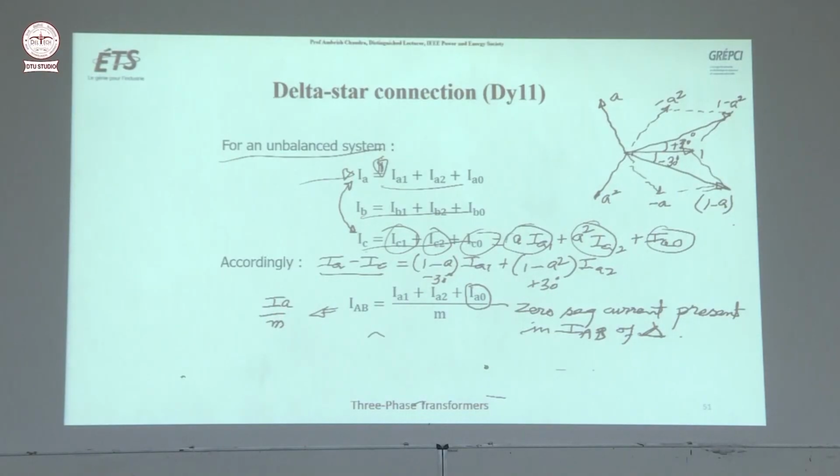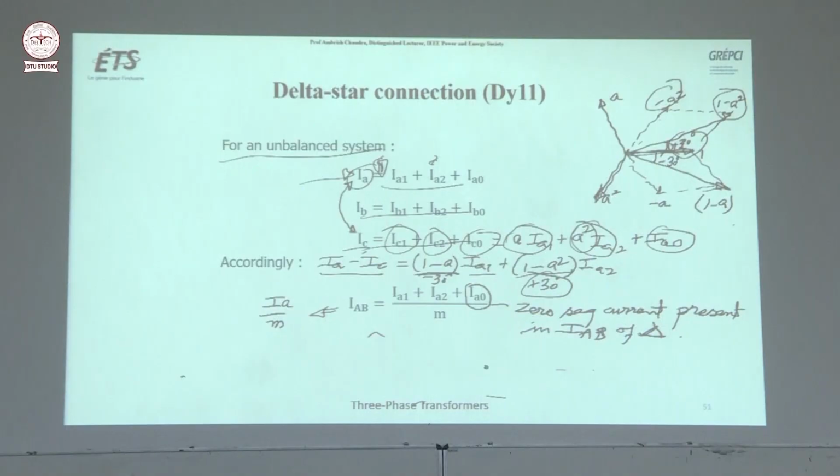If you subtract IA minus IC, so you get 1 minus a times IA1, and 1 minus a squared. So you can calculate here the sum of 1 and minus a squared, 1 minus a squared, which will give you a plus 30 degree shift.